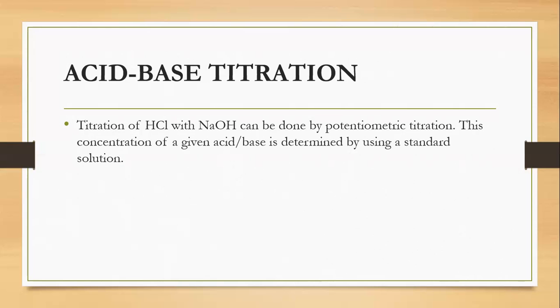The concentration of the given acid or base is determined by using a standard solution. It is the way of determining how much acid or base is present in the solution and also determining the volume of acid or base that will completely react with it.